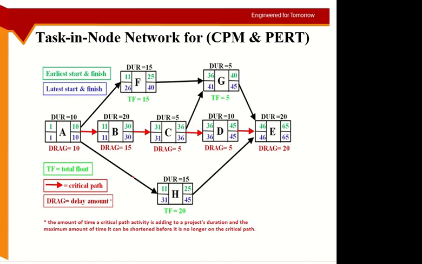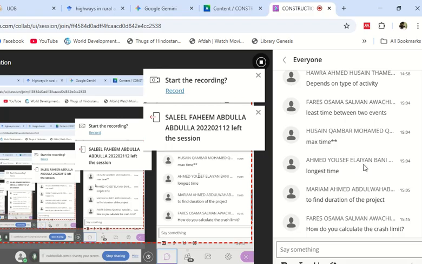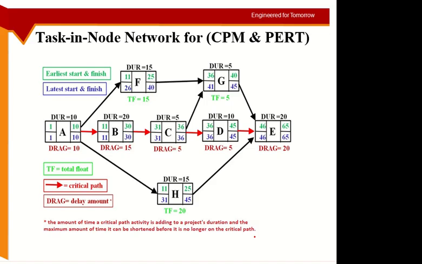Another thing: if I compress activity B to exactly 15 days, F is 15 days, H is already 15 days, and then I compress activity B to 15 days as well. What will happen? I already mentioned it a couple of times. If all these three activities have the same duration, what can happen?